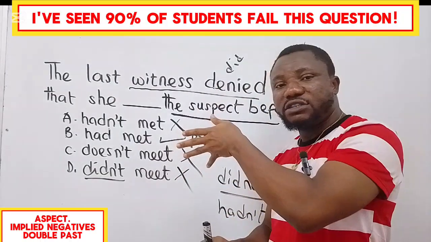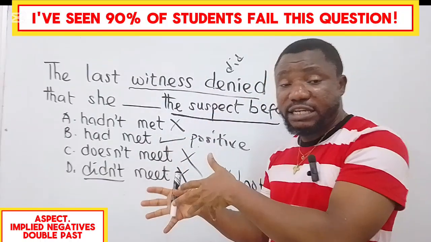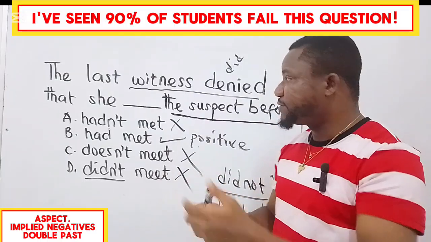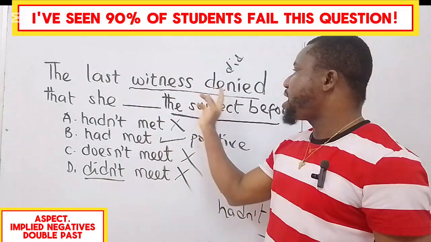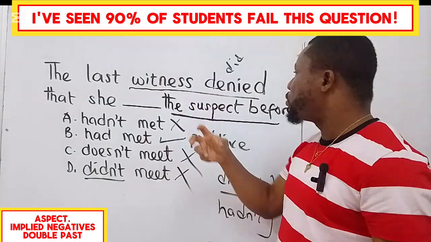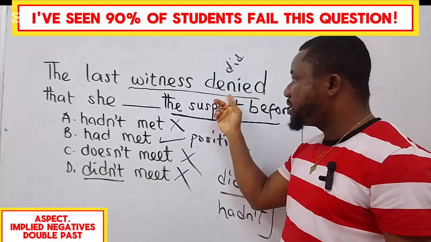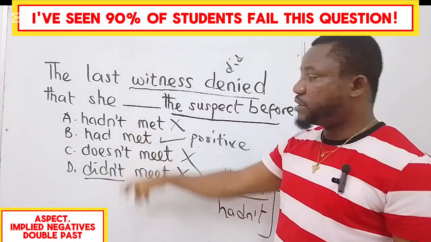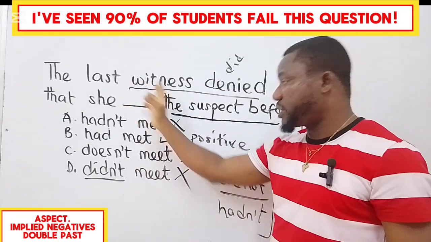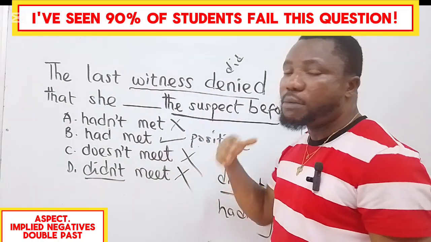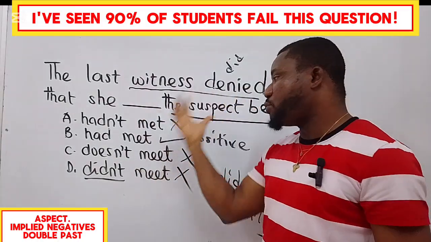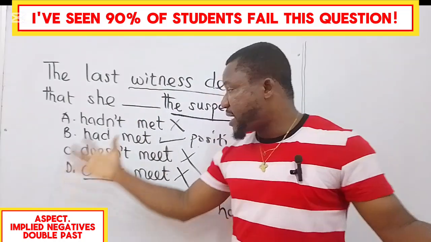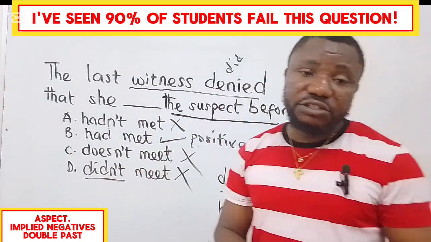The second situation that happened and also ended in the past should take the past tense form of the verb. And when you have words with intrinsic or inherent negative meanings, the correct option from the given options should be a positive one, which is why option B is the answer.